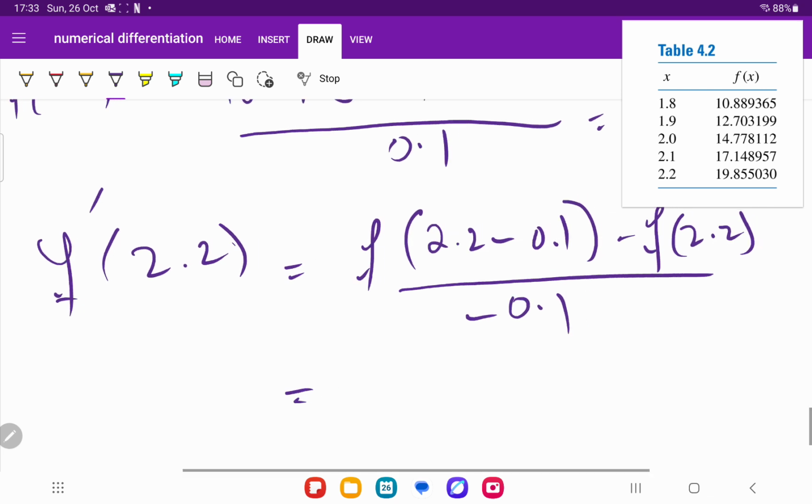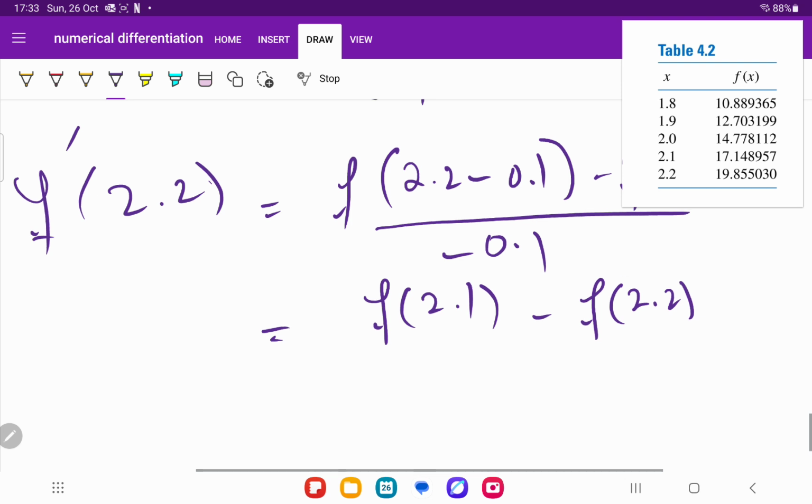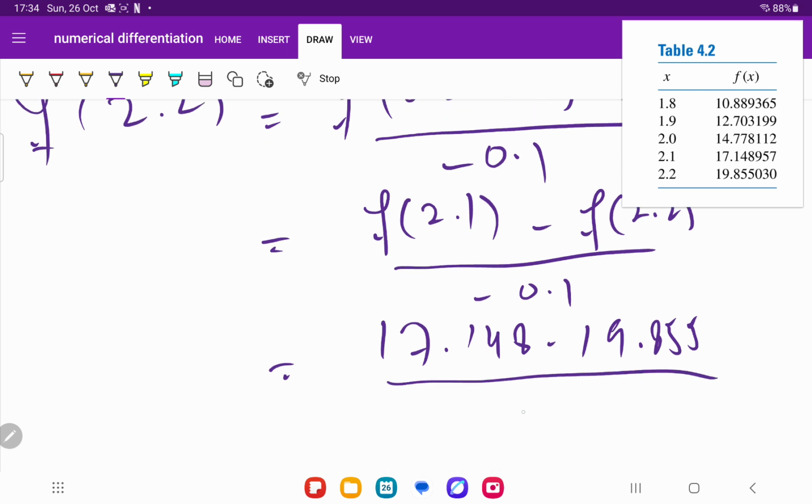So now we have to calculate f of 2.1 minus f of 2.2 divided by minus 0.1. The function corresponding to 2.1 is 17.148, minus the function corresponding to 2.2, which is 19.855, divided by minus 0.1.